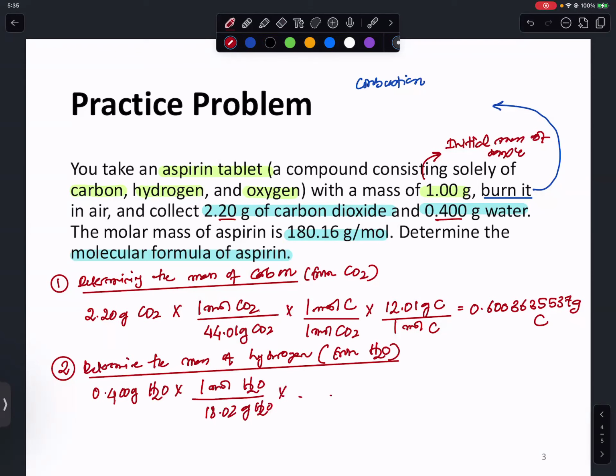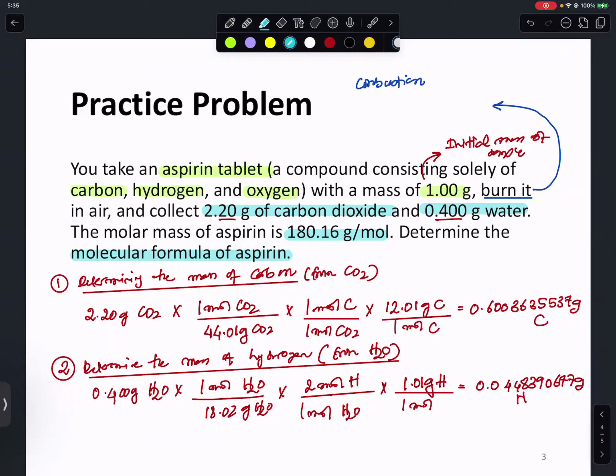And then I will switch from the moles of water to the moles of hydrogen. I have 2 moles of hydrogen in 1 mole of water. And then finally, the molar mass of hydrogen, and this gives me 0.0448 grams of hydrogen.